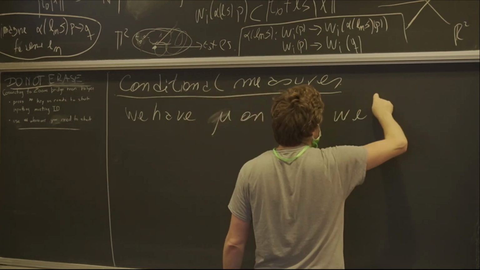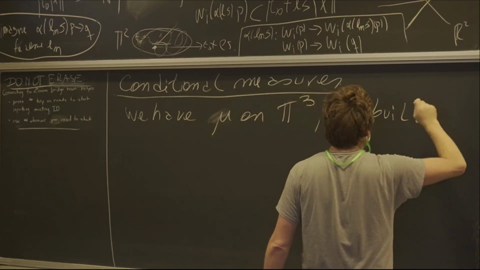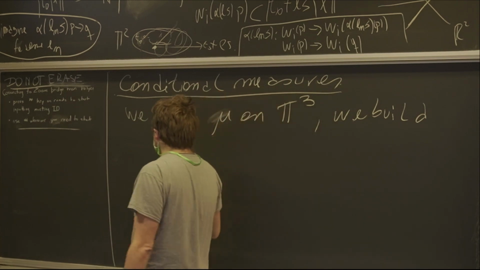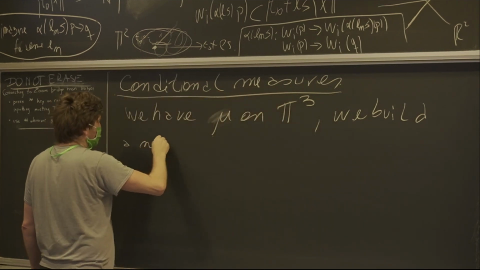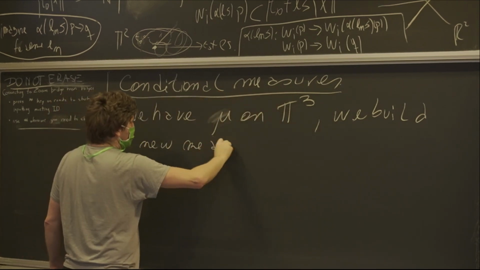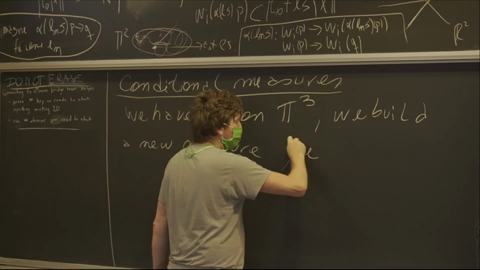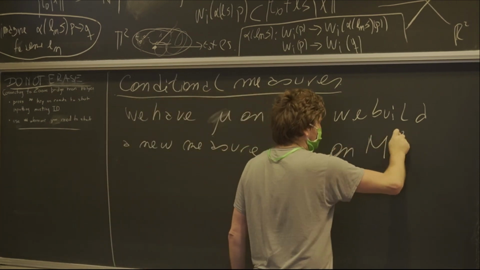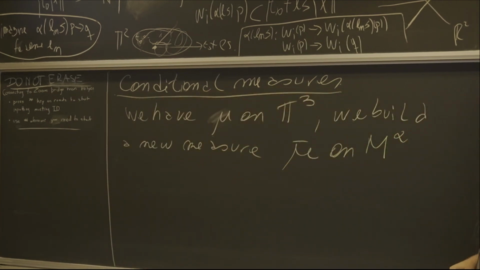We build a new measure mu bar on M alpha. It is very similar to what we did when we did the suspension, G times M or G times X mod alpha.